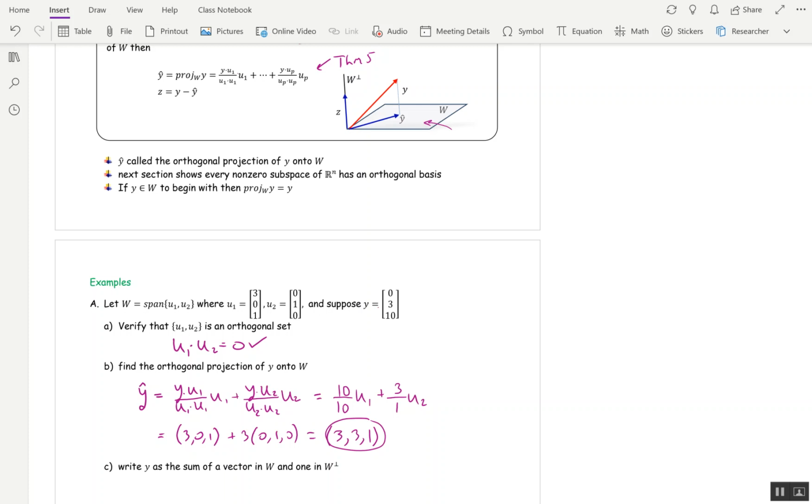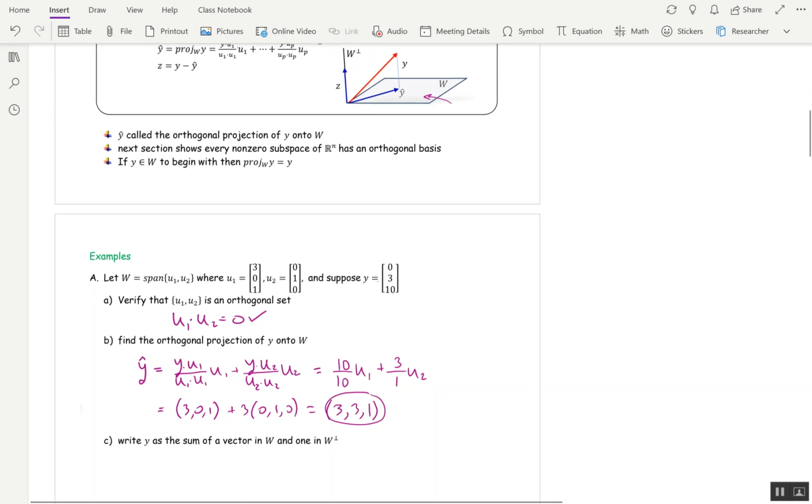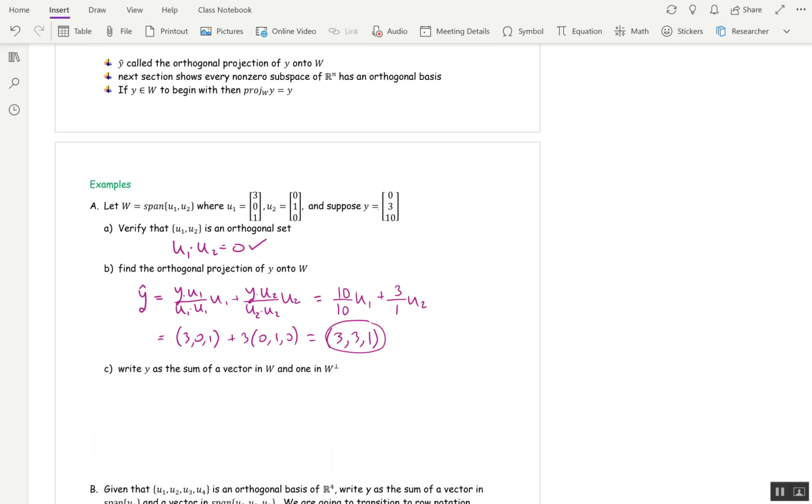Write Y as the sum of a vector in W and W perp. Okay, well, we've done most of the work. We want to write Y as Y hat plus Z. So let's find Z. Z is Y minus Y hat. Y is 0, 3, 10. And I want to subtract off Y hat, 3, 3, 1.